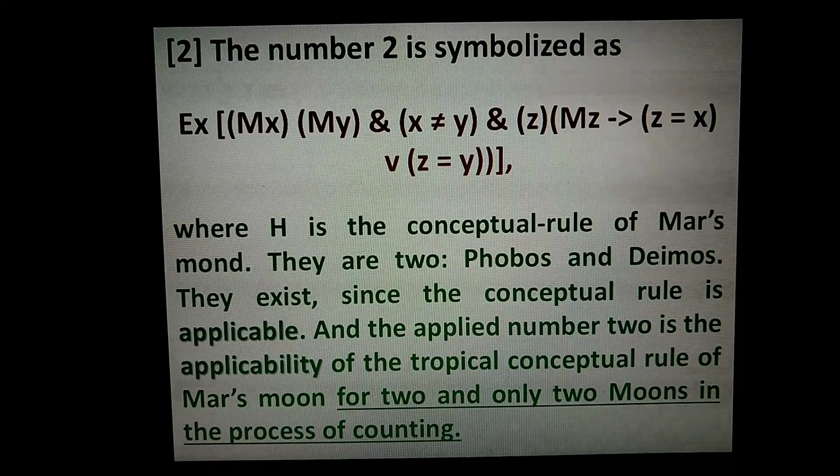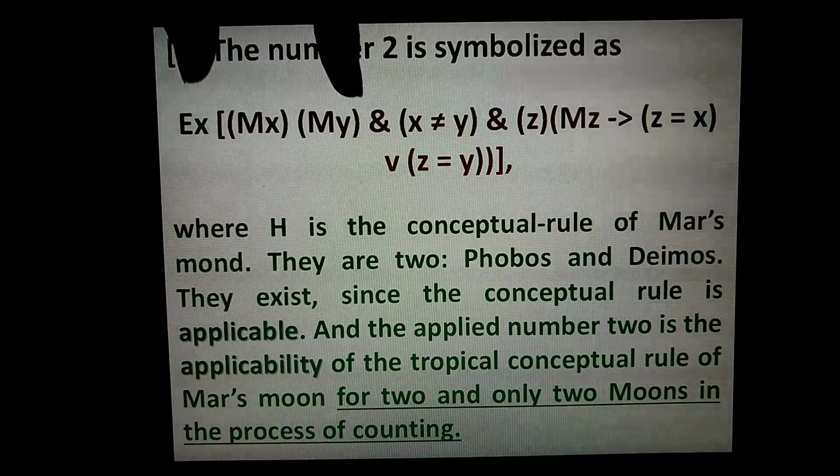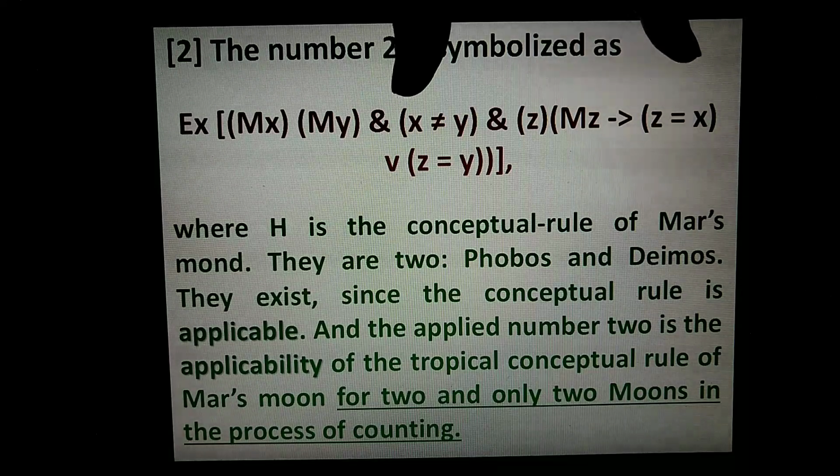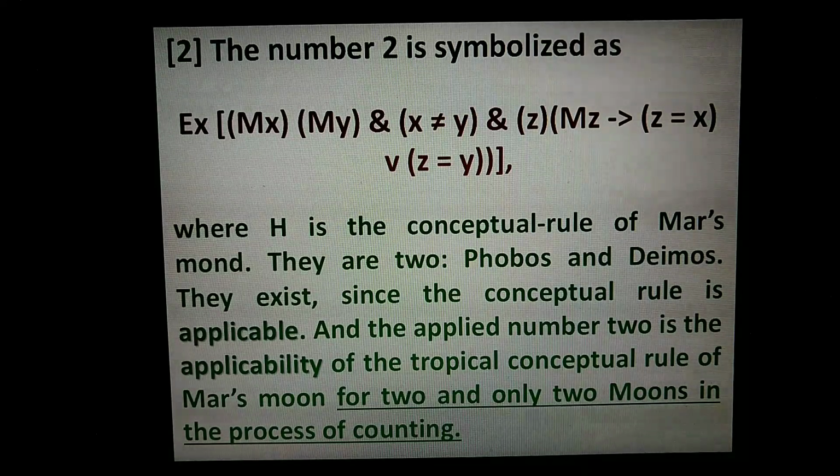That is, there are these two things and not more than two things, because the other things, if they are moons of Mars, must be one of these two, Phobos or Deimos. They are the names of the moons of Mars. They exist since the conceptual rule is applicable, and the applied number 2 is the applicability of the tropical conceptual rule of Mars moon for 2 and only 2 moons in the process of counting.